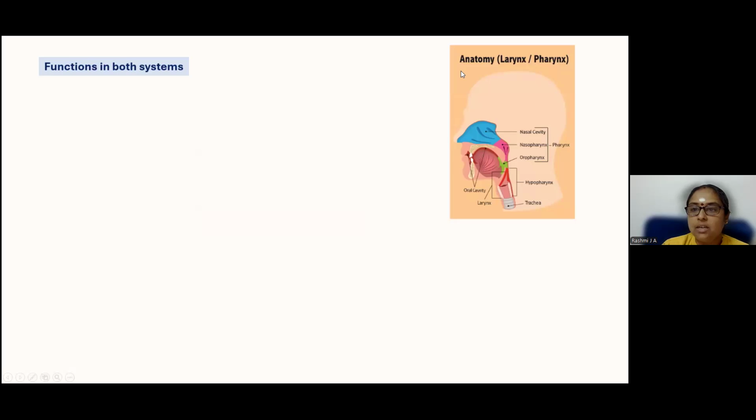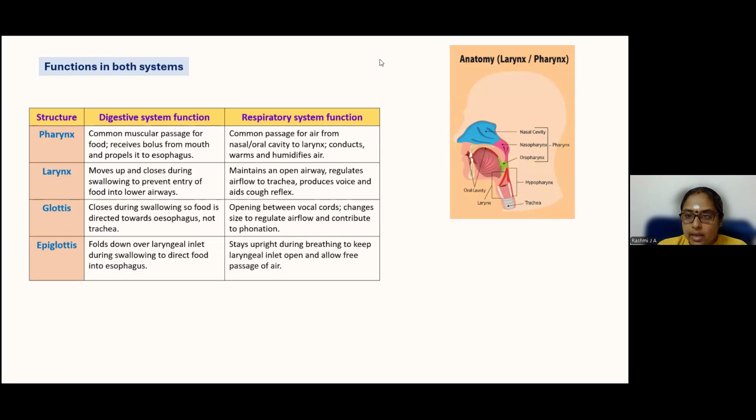So here we have the larynx and pharynx, which are present in the throat only. I have taken this to explain what exactly happens in these regions. In the digestive system, the pharynx is a common muscular passage for food. We saw that earlier. It receives the bolus from the mouth and propels it to the esophagus. In the respiratory system, it is the passage of air from the nasal cavity to the larynx, because between the nasal cavity and the larynx we have this pharynx.